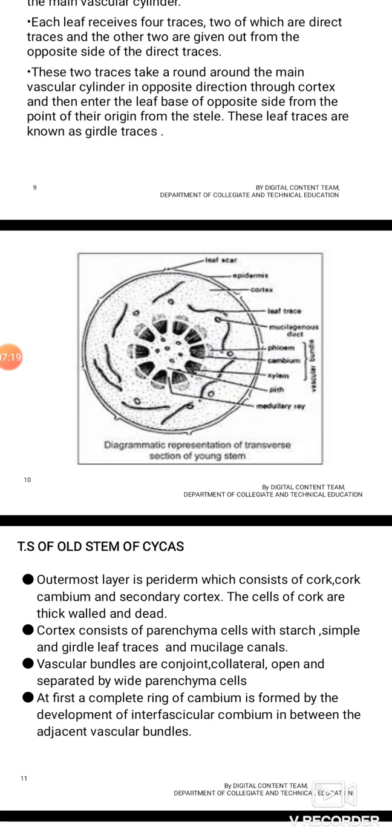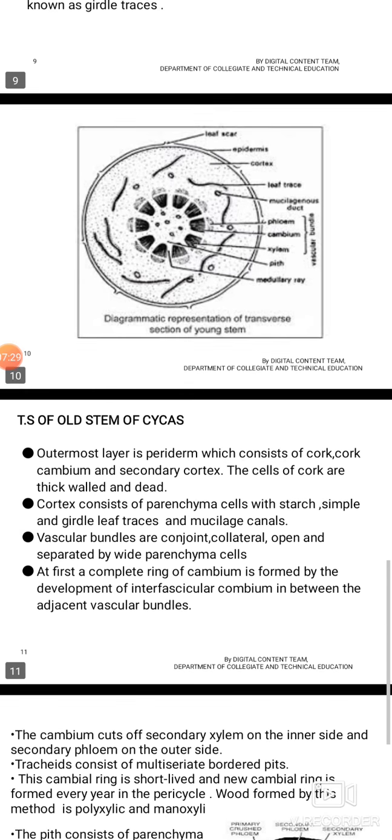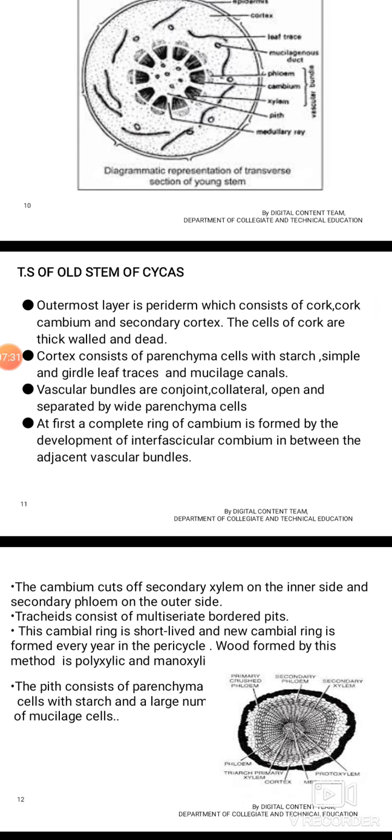At first, a complete ring of cambium is formed by the development of interfascicular cambium in between the adjacent vascular bundles. The cambium cuts off secondary xylem on inner side and secondary phloem on outer side. The tracheids consist of multiseriate bordered pits.